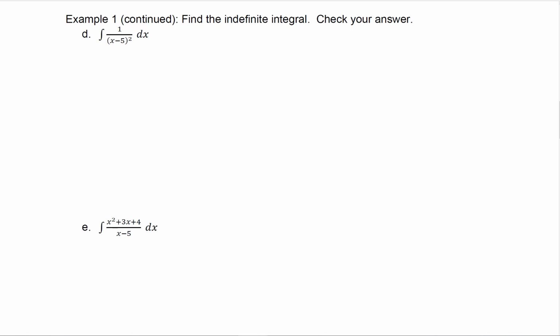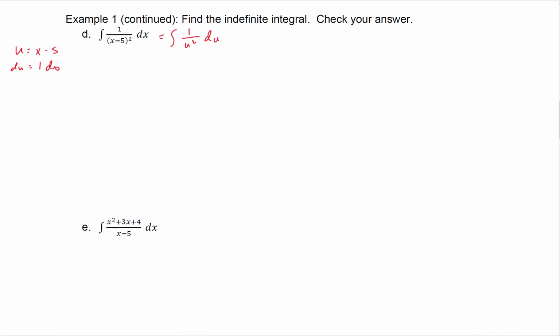So in this case, we let u equal x minus 5. du equals 1 dx, so it matches. But then this is the integral of 1 over u squared du. So notice our exponent is not a 1. So it's not just 1 over u.